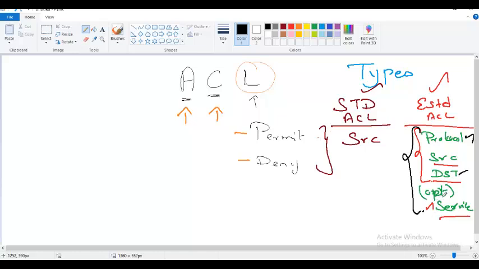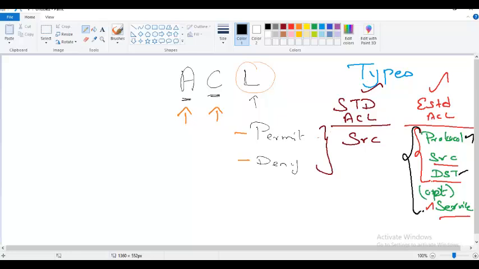If you want to use anything more than standard access, more than source, then you need to use extended access list. Only the source I want, then you don't need to think about extended access list.